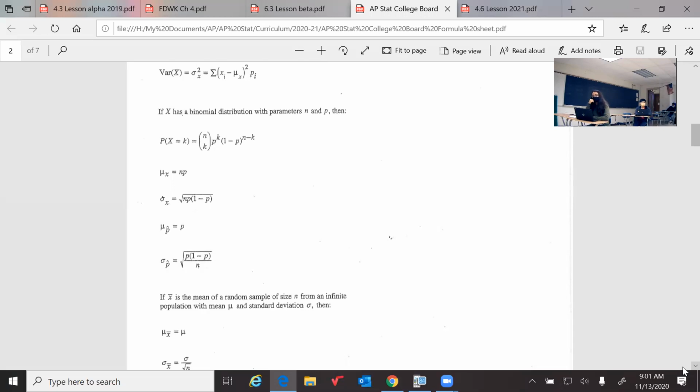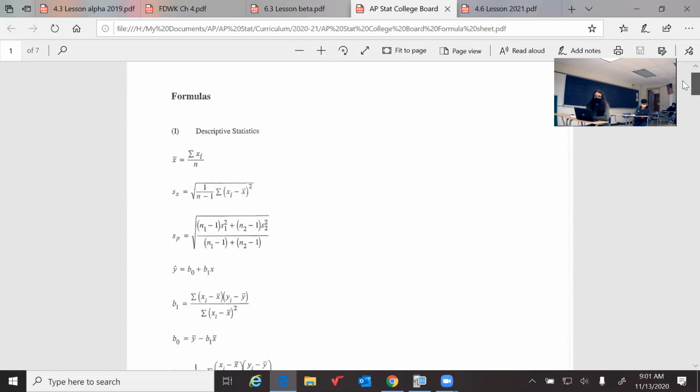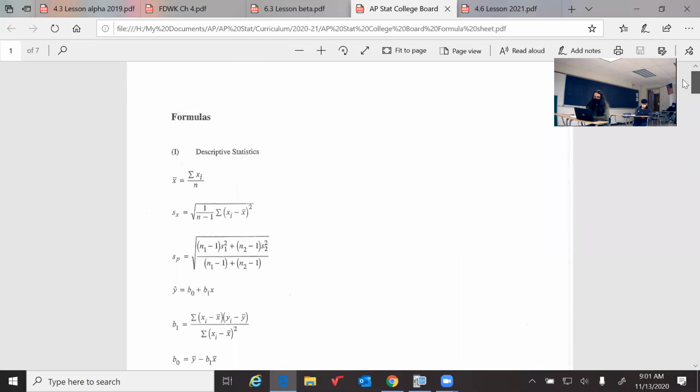So the headings are here. That's binomial, which is what we're doing today. Scroll up. It's the probability distribution. And then on the first page, the original one for standard deviation.